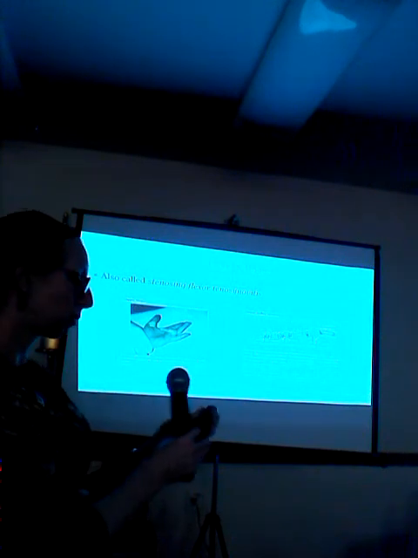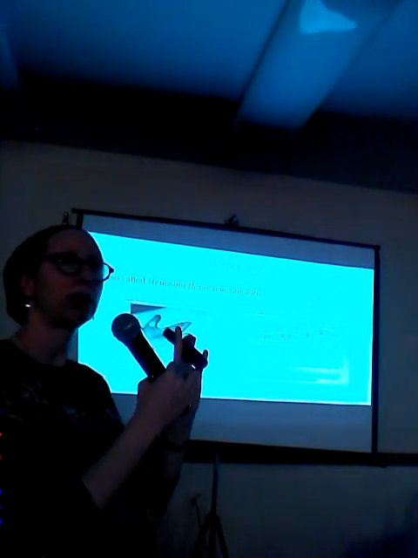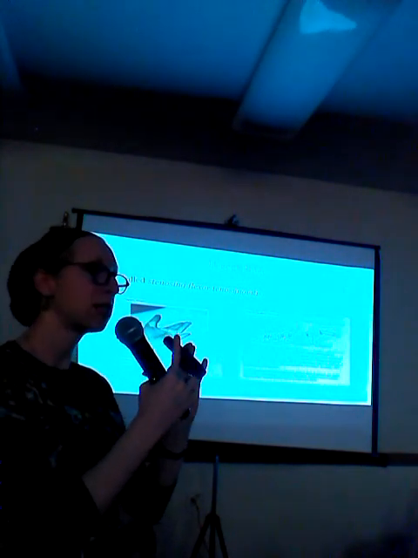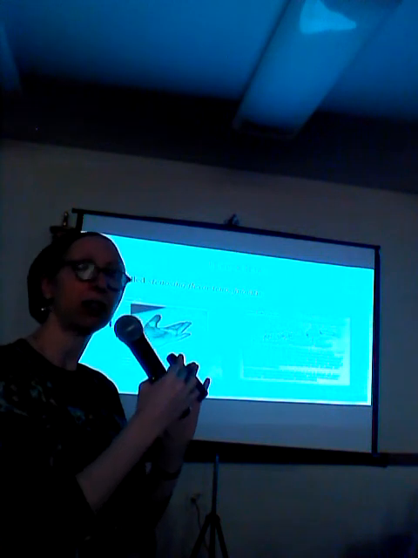Now, in trigger finger, there ends up being a swelling over here at the A1 pulley. That's the pulley right over this part of your hand as the tendon is entering your finger.